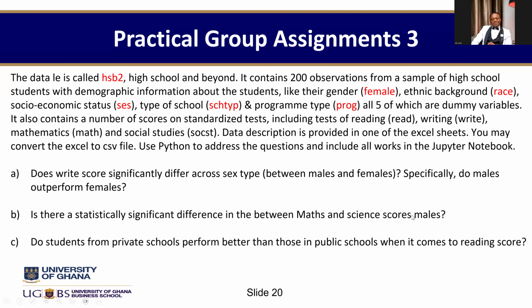When you take males alone, among the males alone, is there a significant difference between the science and math scores? We are not talking about females, it's just males. So that's a bit of a tricky thing you should look at.